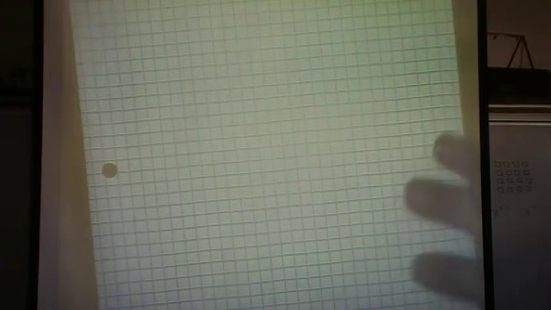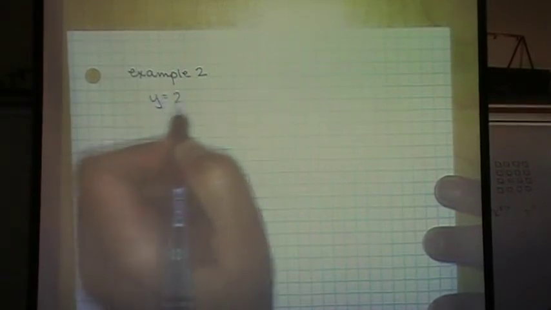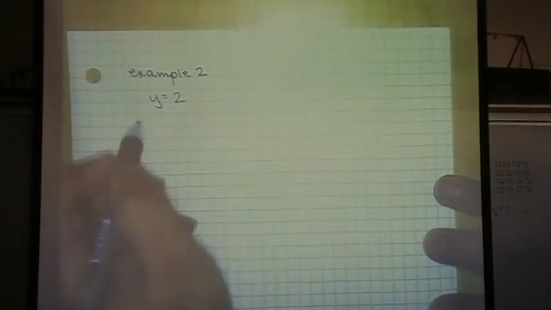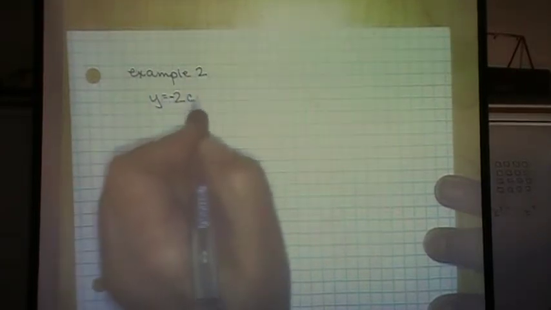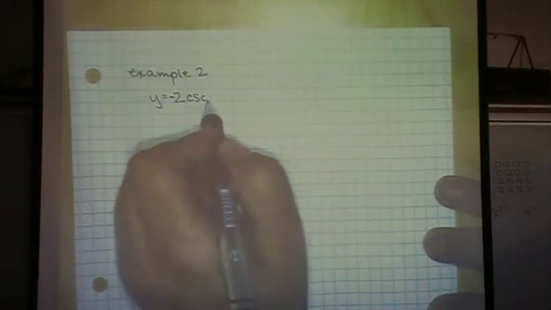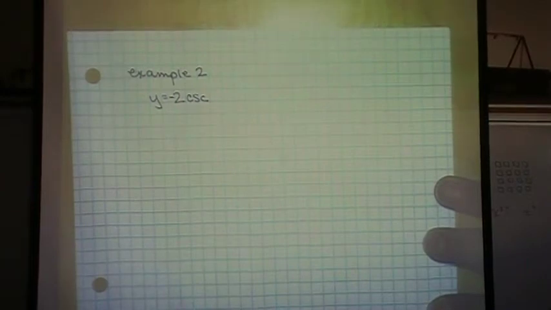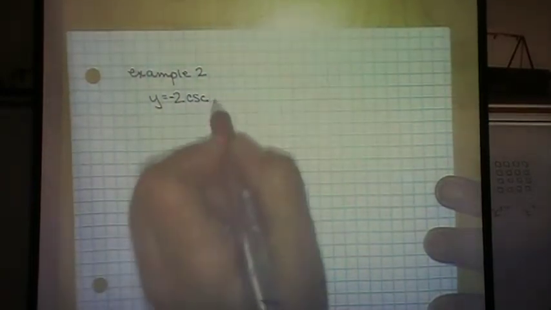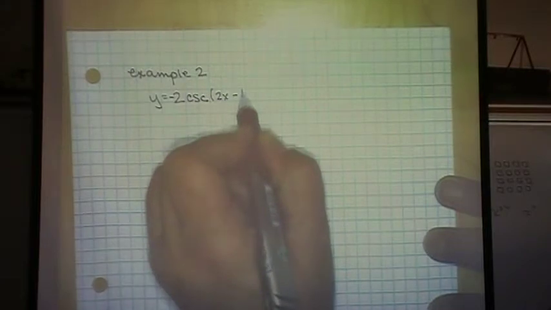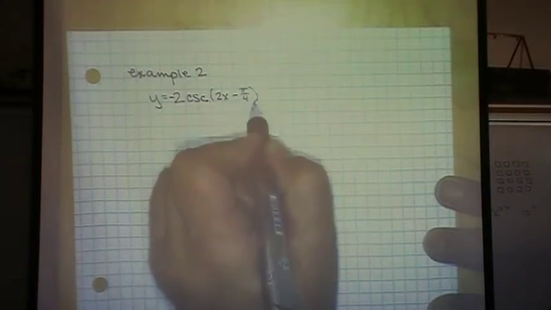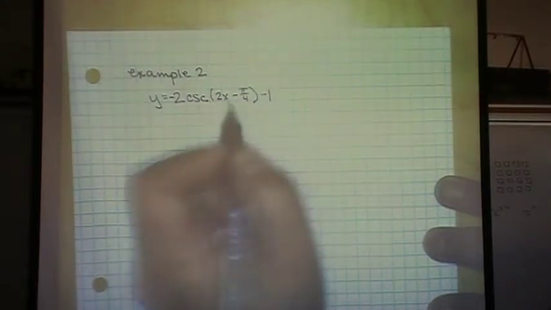Example 2 is a cosecant graph. y equals negative 2 cosecant of 2x minus pi over 4, minus 1.